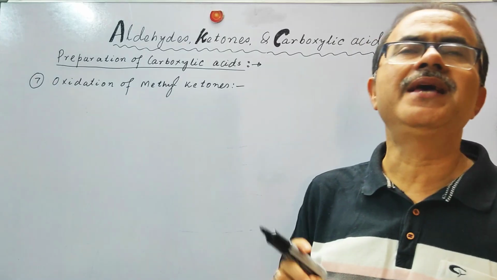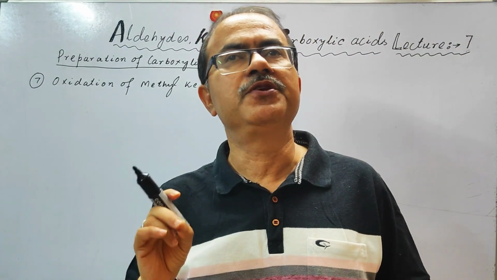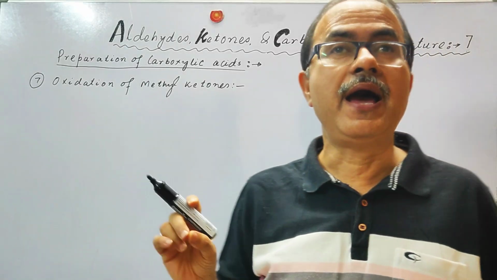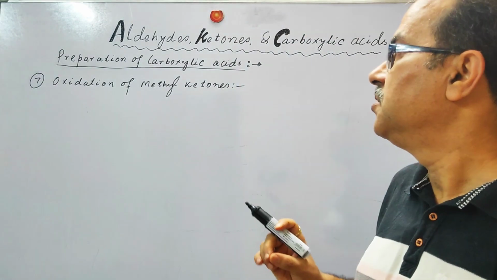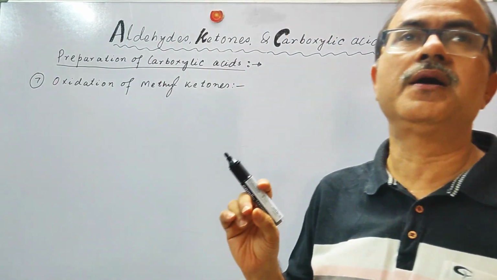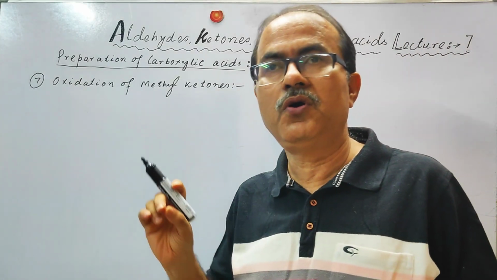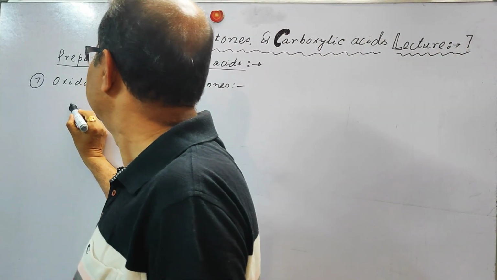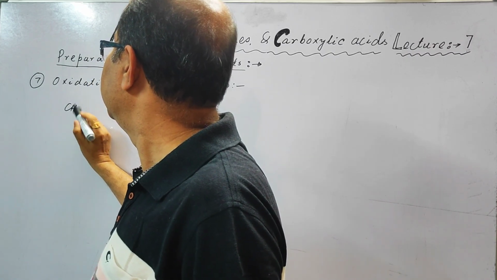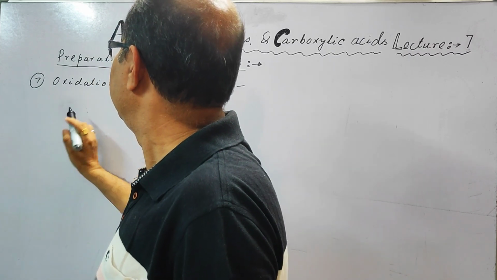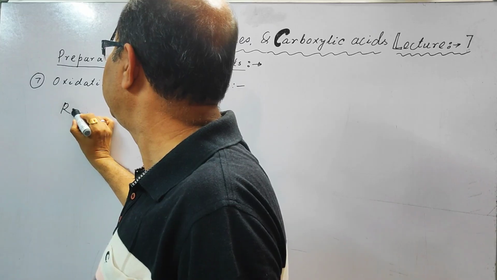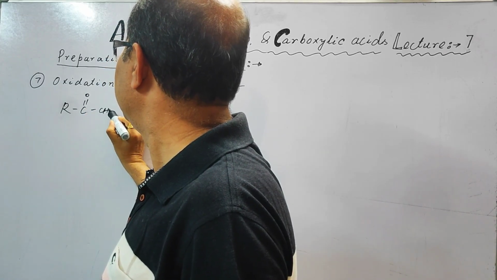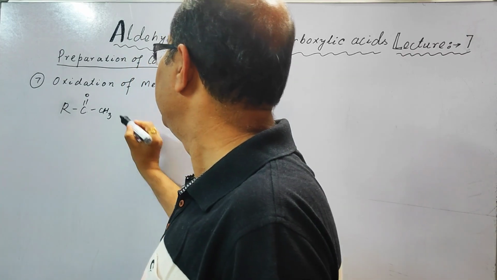When we oxidize the methyl ketone in presence of excess halogen and alkali, it is going to produce the sodium salt of the carboxylic acid. First, this is a methyl ketone.